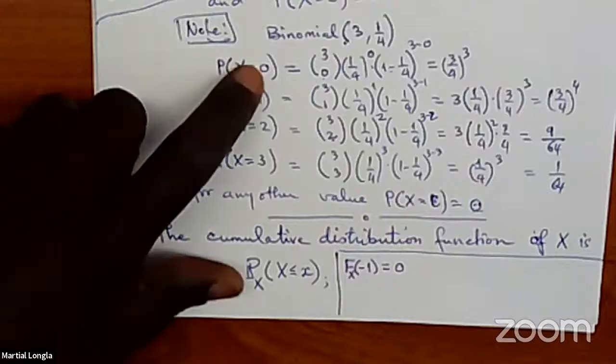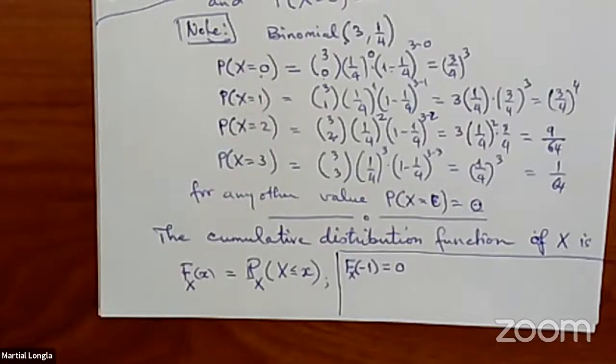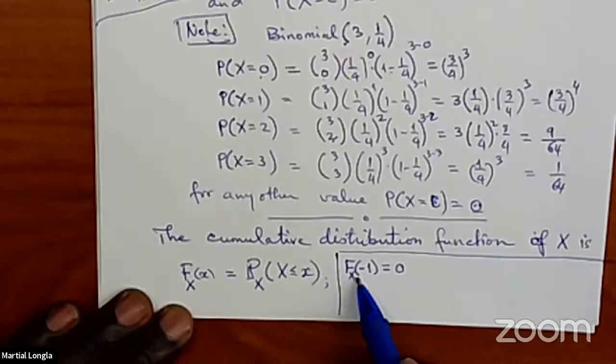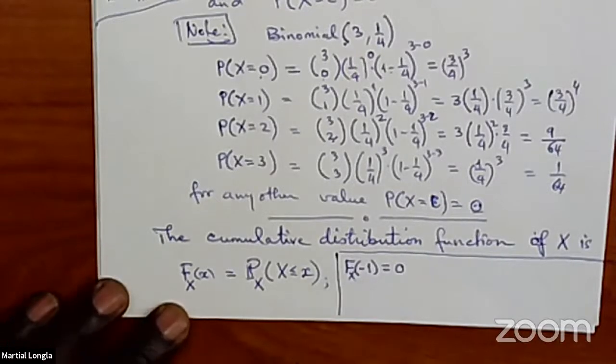The values start 0, 1, 2, 3, and so on. So the value of the cumulative distribution at -1 would be 0.